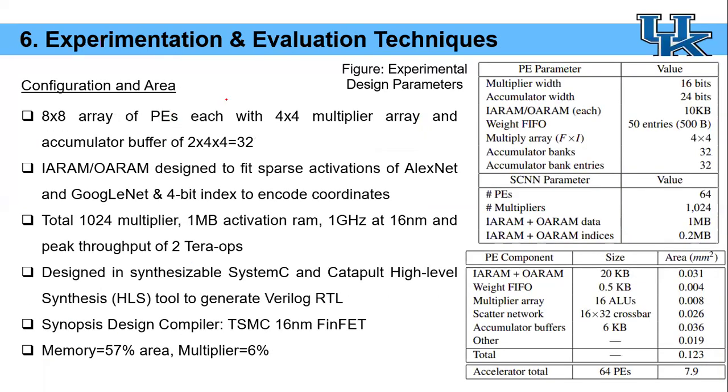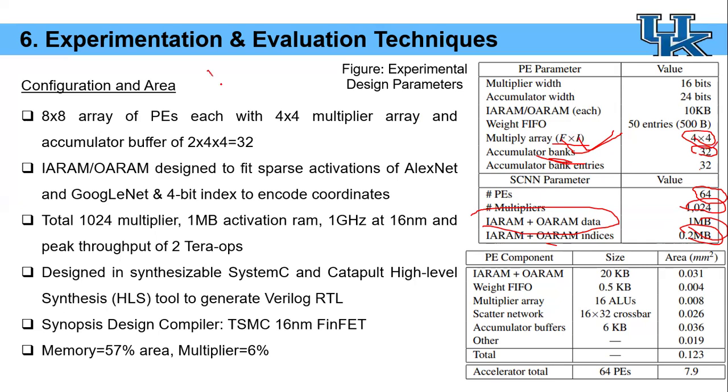For the experimentation, the design configuration is listed here, right? They use a total of 1024 multipliers, which are split into 64 different processing elements. The IARAM and OARAM data would be a total of 1 MB, and the indices would be 0.2 MB. The accumulator has 32 banks, and the multiplier array is 4 by 4.